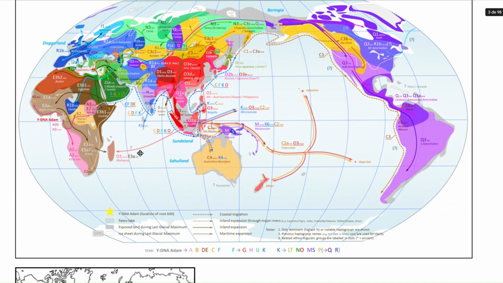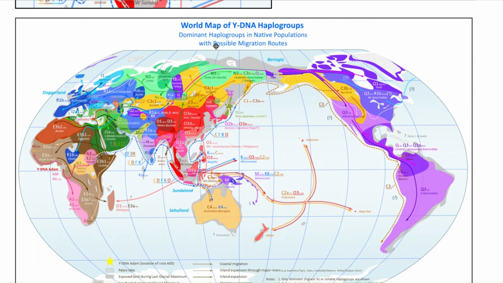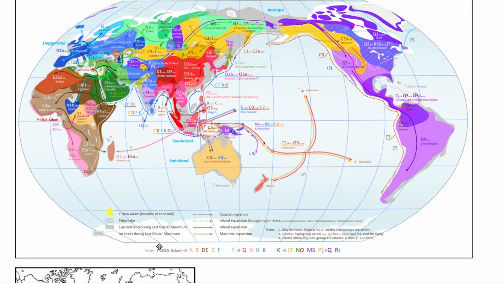Let's check if you have it here, on the downside of this image: World map of Y-DNA haplogroups. At the bottom, you have this tree starting with Y-DNA Adam and more or less ending with haplogroup R, which is the actual dominant haplogroup.